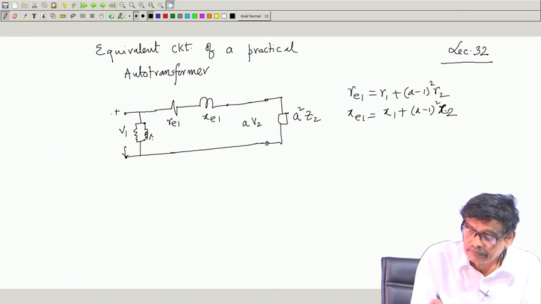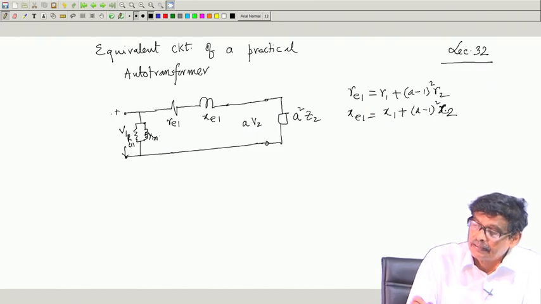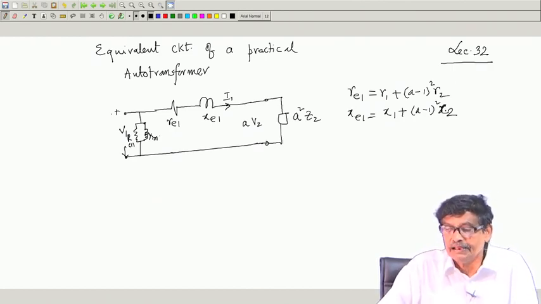As x m 1 and R C L 1, like the two winding transformer, and this is I 1, the current here, clear.